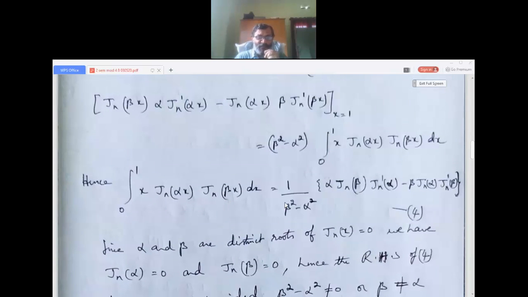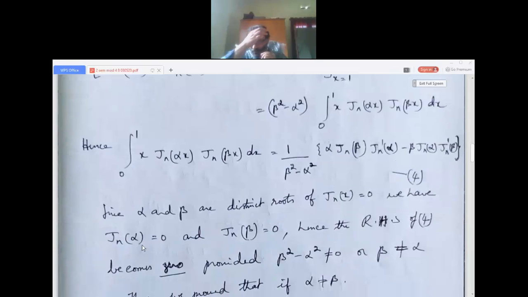Now, since alpha and beta are the distinct roots of Jn of x equals 0, as assumed in the beginning and given in the theorem, we have Jn alpha equals 0 and Jn beta equals 0.